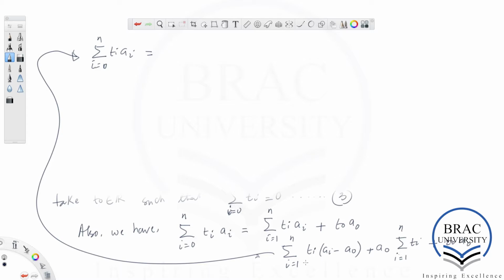Okay, so let me write the first summand first. This is the sum over all i's from 1 to n, Ti times Ai minus A0, and then I just take the sum over all the i's from 0 to n instead of 1 to n, plus A0 times the sum over all Ti's, where i runs from 0 to n.